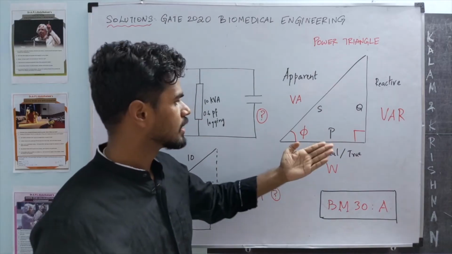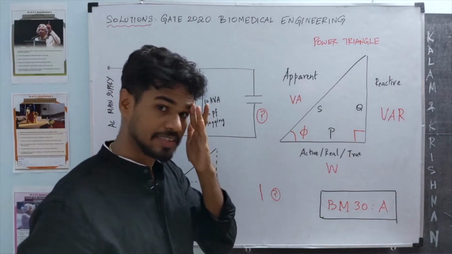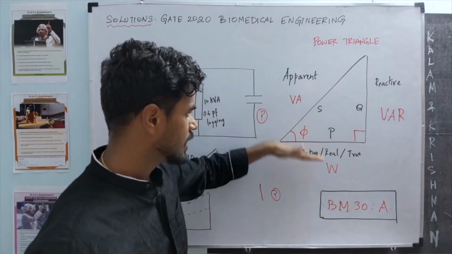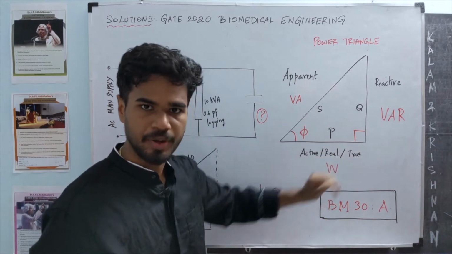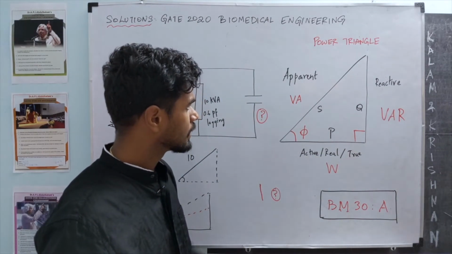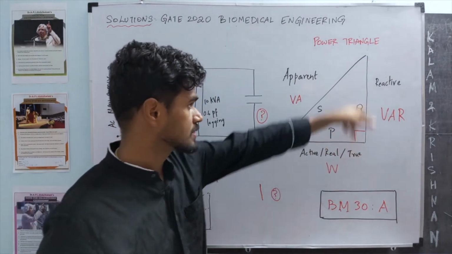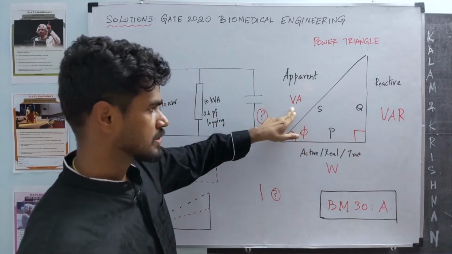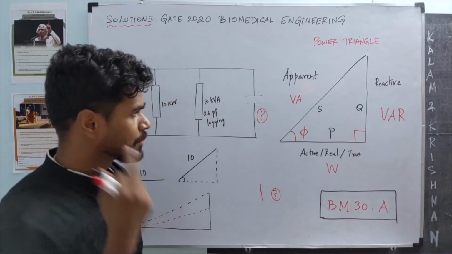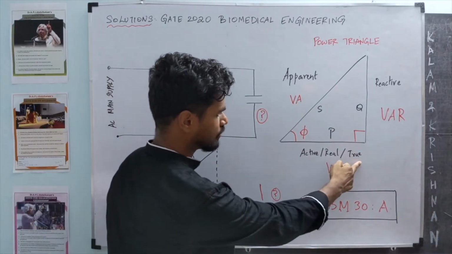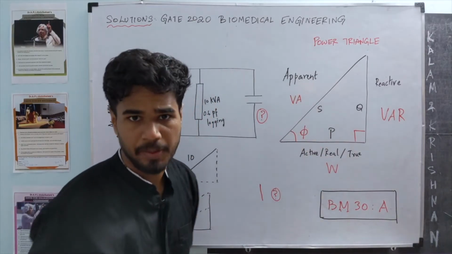But the component of that power where the voltage and current are in phase, VI cos phi, that's called the active or real or true power. And the component where the voltage and current are not in phase is called the reactive power. Units for these are volt ampere, watts, and volt ampere reactive. And the power factor is essentially the ratio of true power by apparent power.